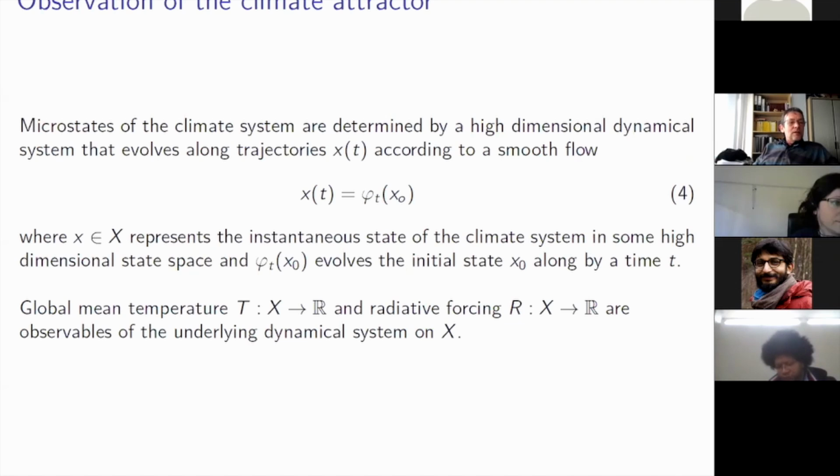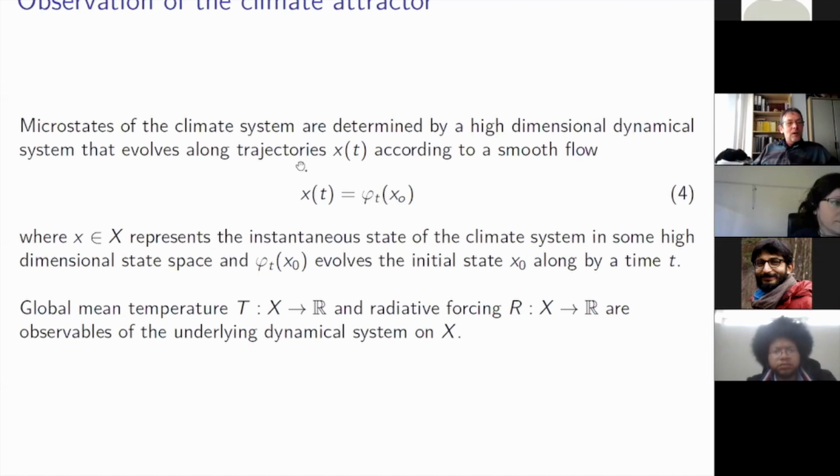Thinking of this from a dynamical systems viewpoint, in terms of microstates, we can think of the climate system as a very high dimensional system that is evolving according to some dynamical rule. We'll assume that that's smooth just for the sake of argument.